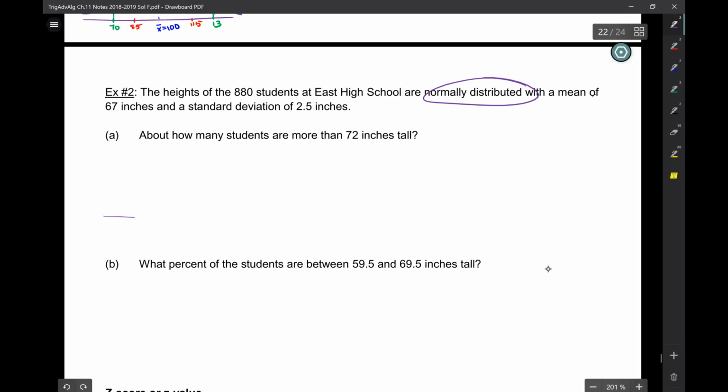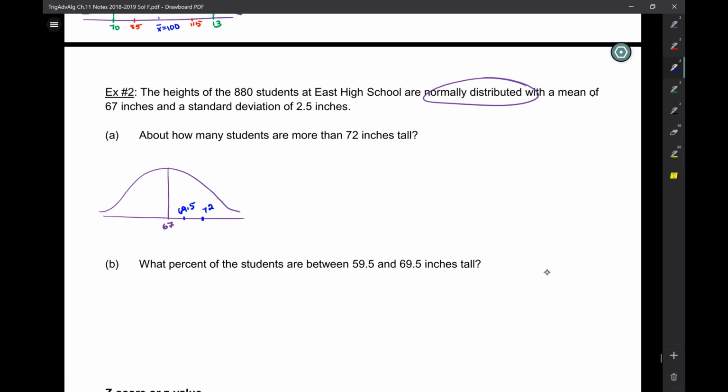Okay, so let's see how we do it. Let's draw this thing again so we can see it. Here's the distribution. Where is the mean? 67. And then the standard deviation is 2.5, and I need to go to 72 inches tall. So how many standard deviations? One standard deviation is 69.5. Another standard deviation is 72.